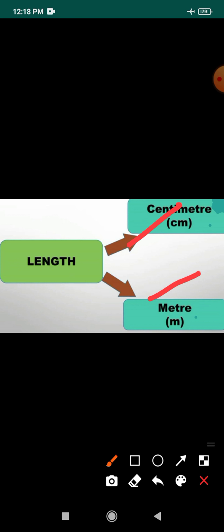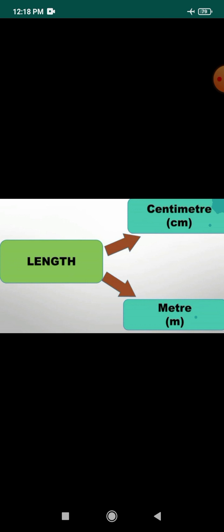We can find out the length of an object or a person's length in two ways, using two metric measurements, centimeter and meter. Understood?